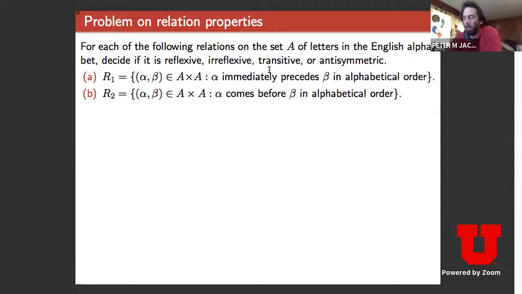Yep, that's exactly right. As Alec points out, for a relation to be reflexive, every element in A should be related to itself. What that would mean here is that every letter in the alphabet precedes itself, which is definitely not true.